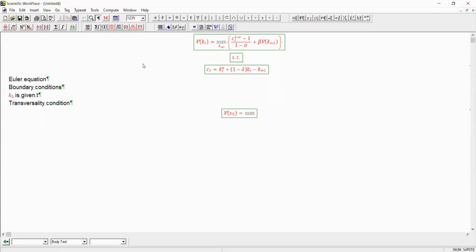And we're maximizing an infinite sum. Here's a general formulation of a problem of this kind. The infinite sum of some discounted function that depends both on the variable at this state and the variable at the next state. And of course, we're maximizing the entire sequence.